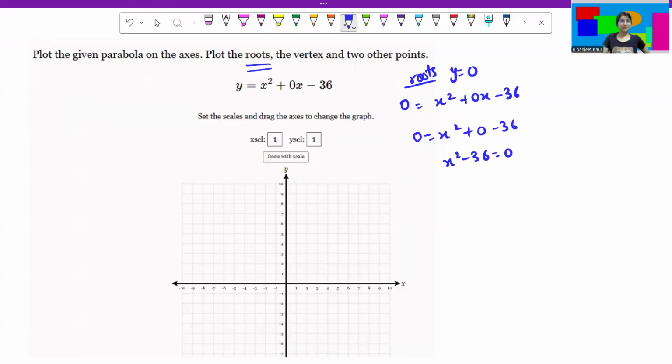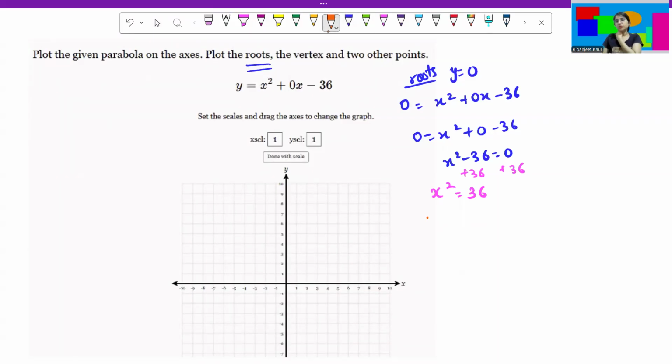Any question in this part? Any question, Adi? Okay. So see, if we do plus 36 on both the sides, we get x square is equal to 36, correct?